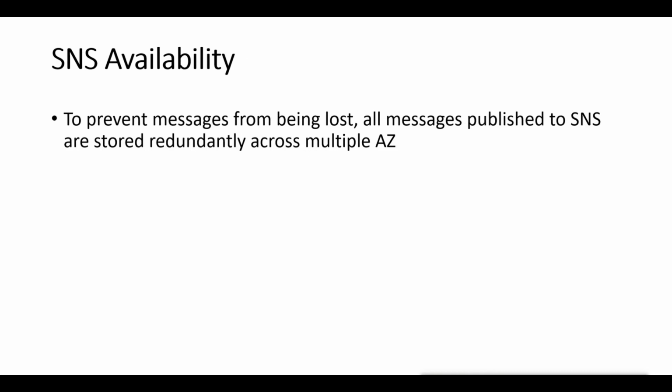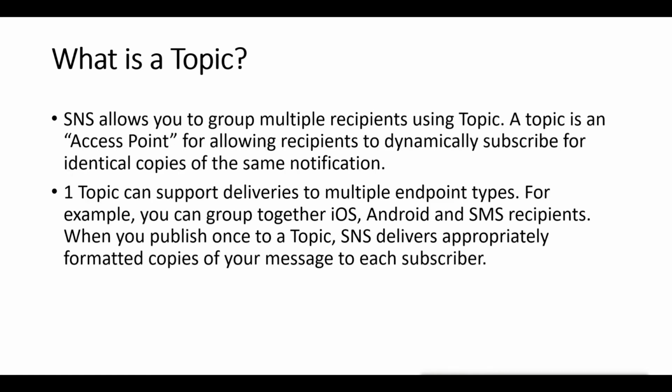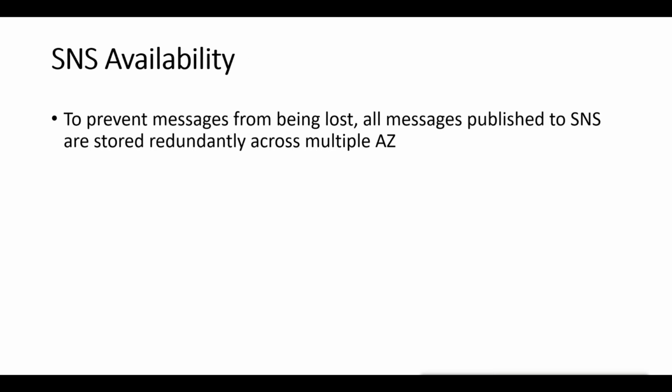To prevent messages from being lost, all messages published to an SNS are stored redundantly across multiple AZs. So likewise, like this, the availability is counted. So let's go to our Amazon AWS Management Console and let's see how we can publish a message to our subscriber.